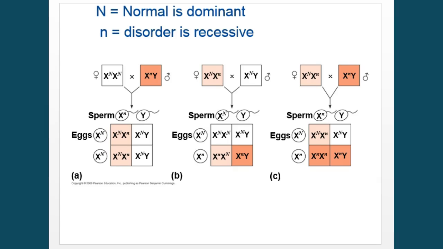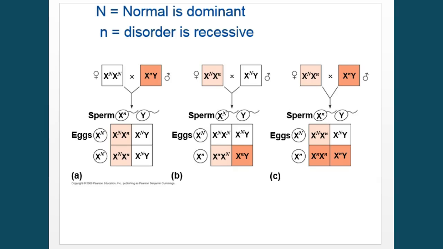Okay? So, in this example, uppercase N is our normal dominant, lowercase n is the disorder, which is recessive. So, when you look at these three examples, the female is normal. She does not carry the disorder on either of her X's. The male carries the recessive sex-linked disorder on his X chromosome.